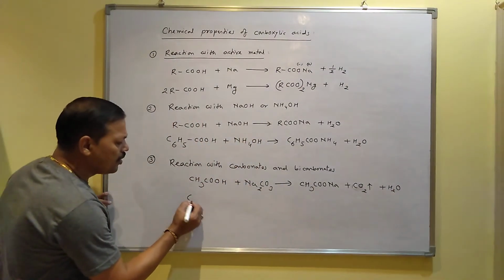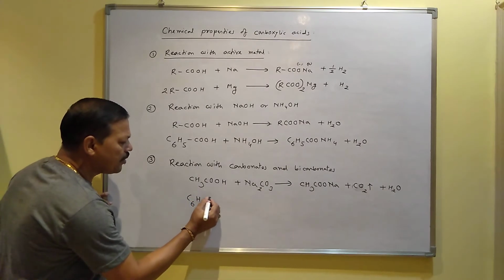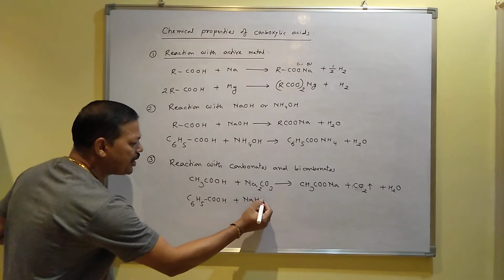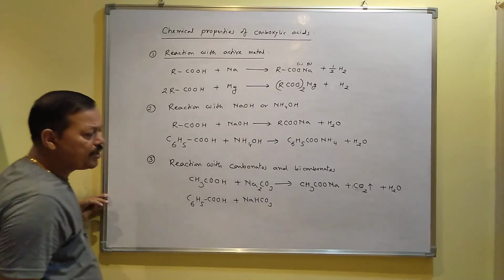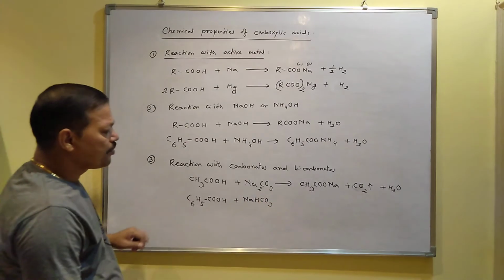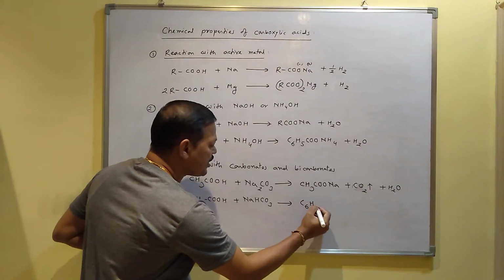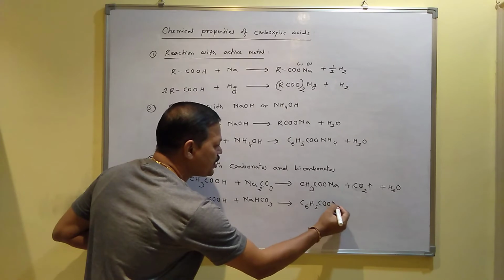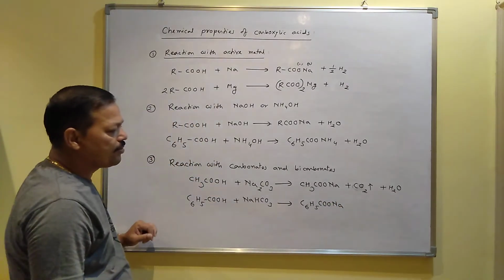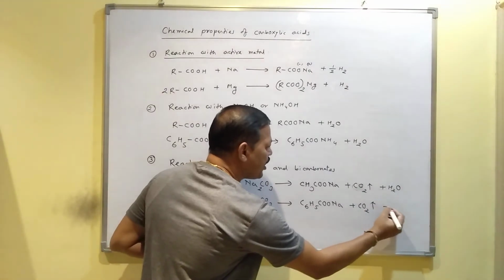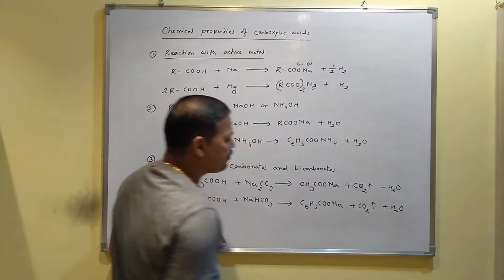Similarly, if you take benzoic acid, for example, and when you react with bicarbonate, NaHCO3, bicarbonate means sodium hydrogen carbonate, then it also produces salt C6H5COONa, which is called the sodium salt of benzoic acid. It also releases carbon dioxide gas, and the side product will be water.